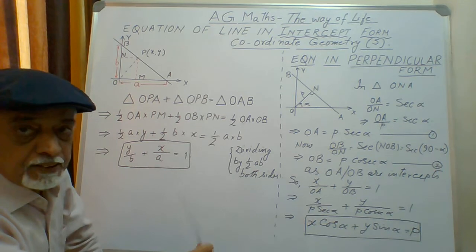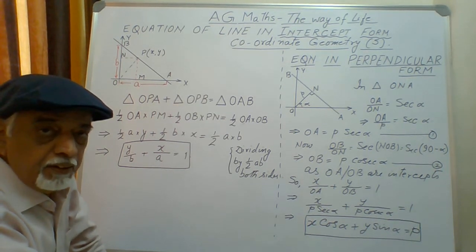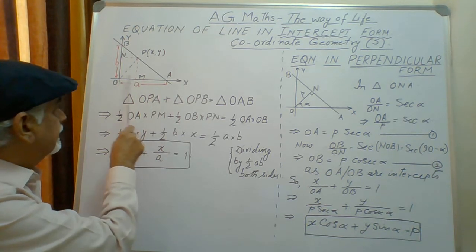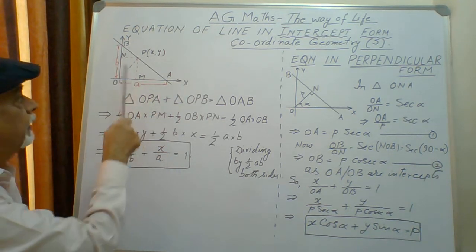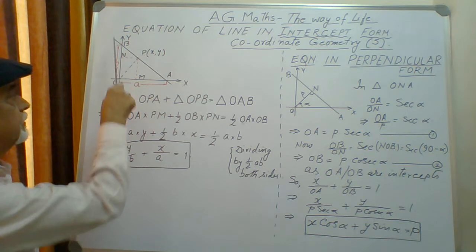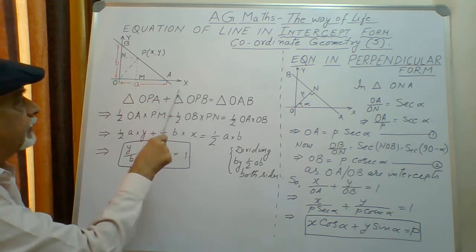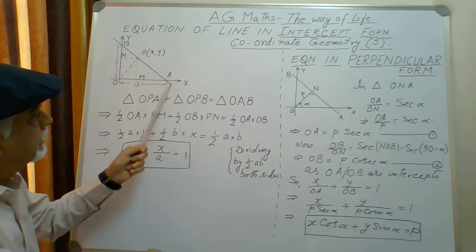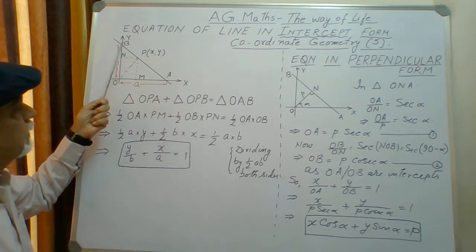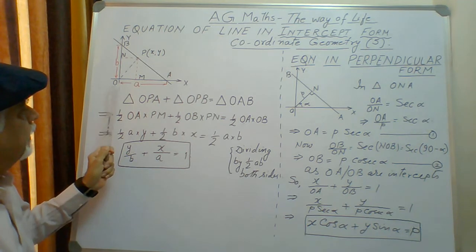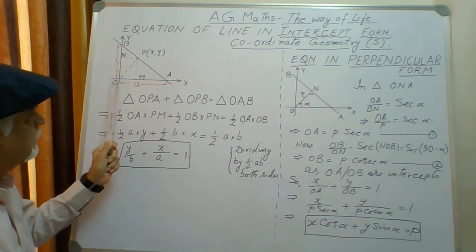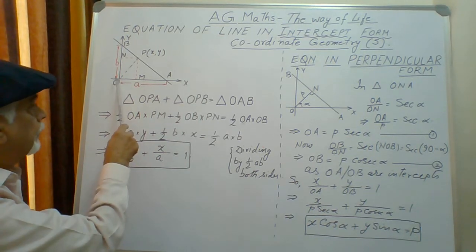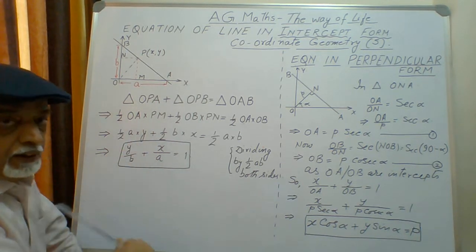What is the meaning of intercept? Intercept means if a line is cutting the x and y axes, the distance on the x-axis. In this figure, OX is the x-axis, OY is the y-axis, AB is a line which is intersecting the x-axis at the point A and the y-axis at the point B. So the x-intercept, the part of the x-axis intercepted by the line AB, is from O to A, and that is called the x-intercept.